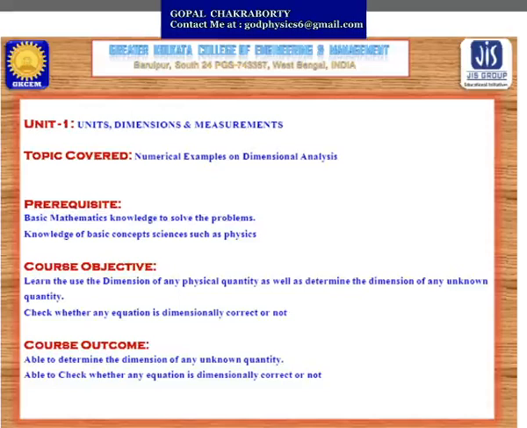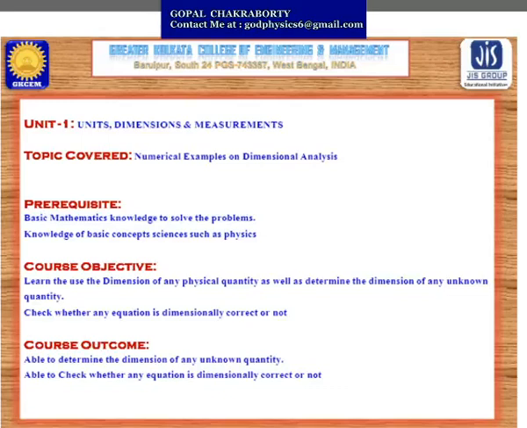Now, today the topic that I am going to discuss is basically we will solve numerical examples on the topic dimensional analysis, which is under unit 1, that is unit dimension and measurement.